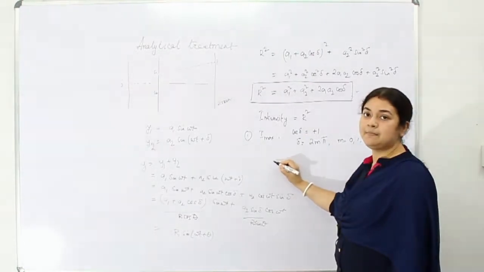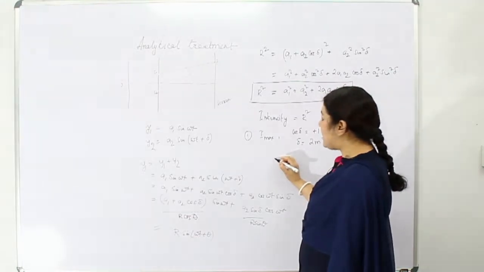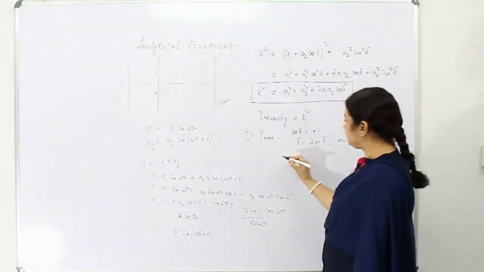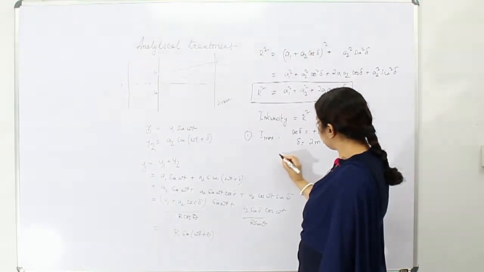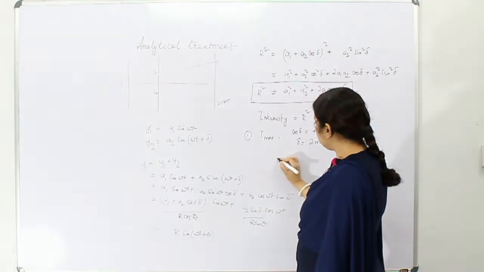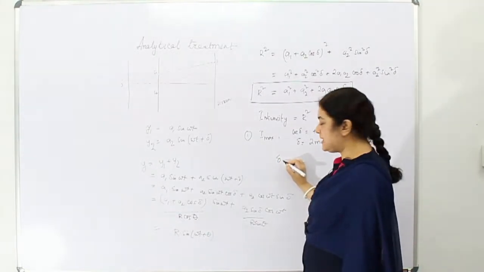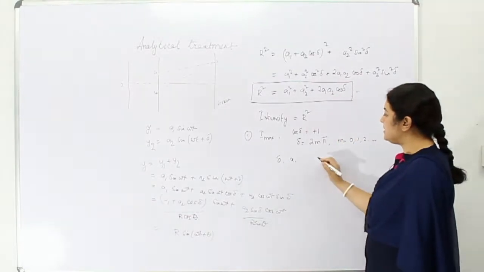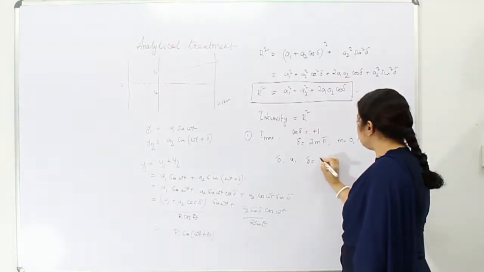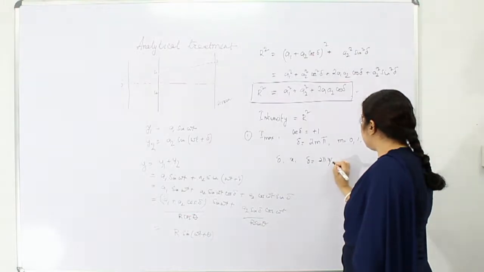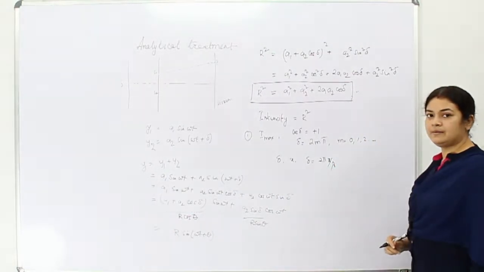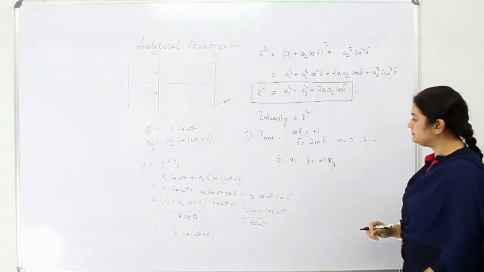Now, what will be the path difference? Path difference and phase difference have a relation between them. Suppose the phase difference is delta and the path difference is x, then the relation between these two is given by delta is equal to 2 pi x by lambda, where lambda is the wavelength of the wave.